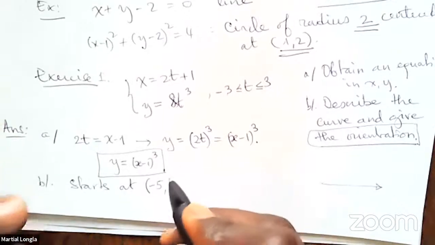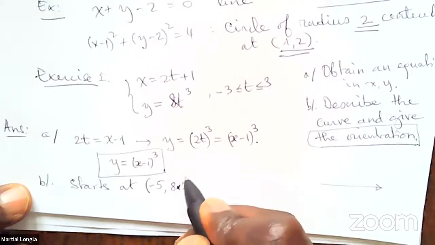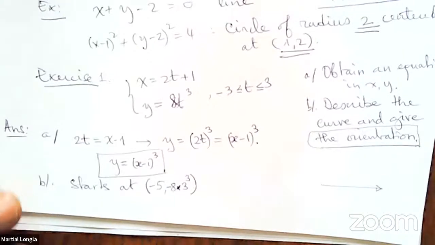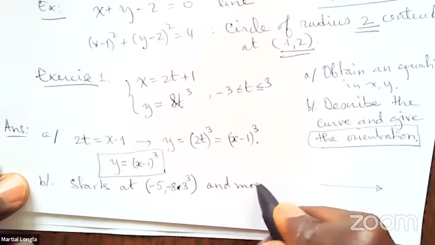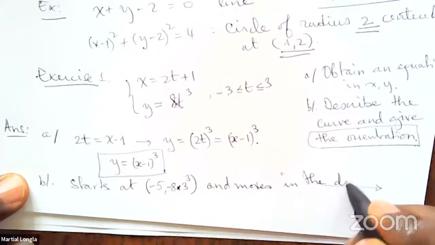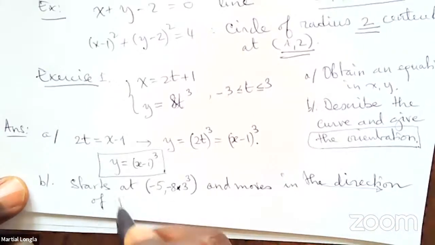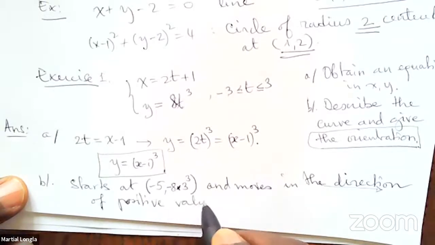So let me just write 8 times 3 cubed, okay, with the negative sign. It starts there and moves in the direction of positive values of x.